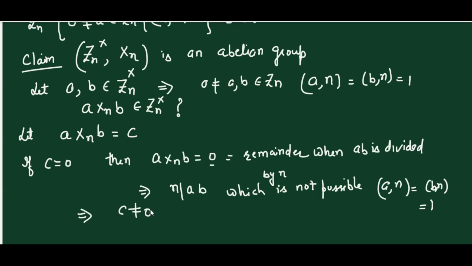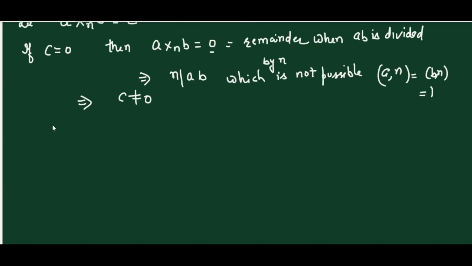Therefore, now we will show that this c has GCD 1 with respect to n. If c is co-prime to n, and if we are able to show that, then definitely a multiplied by b belongs to the set Zn cross.